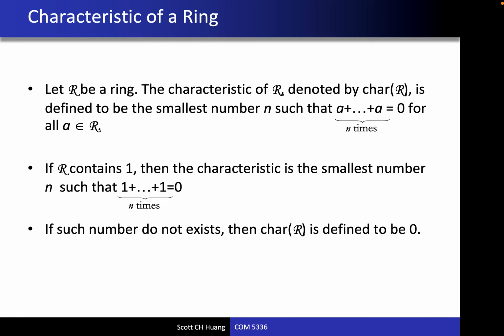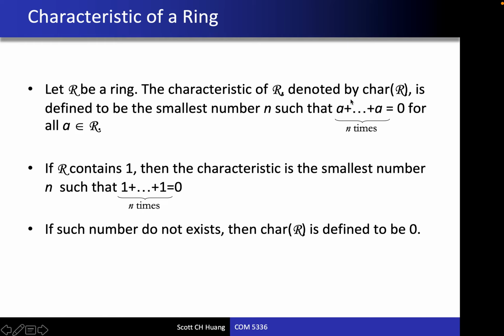And this idea can be extended to the characteristic of a ring. If a ring contains the additive identity, then that is okay, that's exactly the same definition. However, if you remember, when we defined rings, rings don't need to have a multiplicative identity.